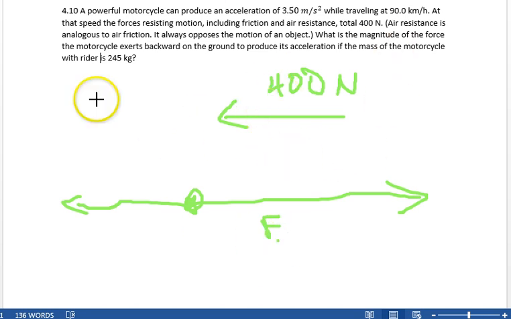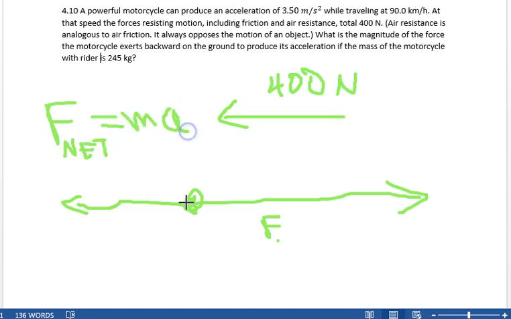is for the total net force. Remember Newton's law. Your net force is your mass times your acceleration. Well, in this case, the net external force, i.e., the force the ground exerts on the motorcycle, which is equal and opposite to the force the motorcycle exerts on the ground, right?